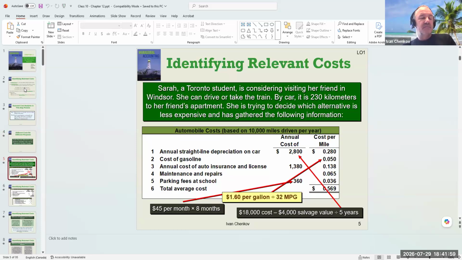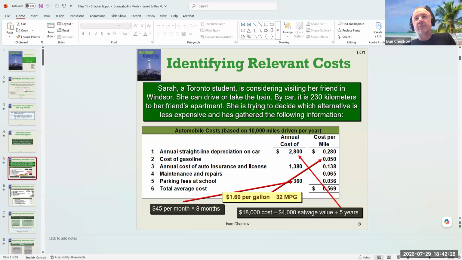An example here will be a student who wants to go to visit her friends on a relatively long trip, 230 kilometers back and forth. She wants to go 230 to see her friends in her apartment and 230 to come back. Currently, she's living on the campus at the school, and she prepares some information for us.